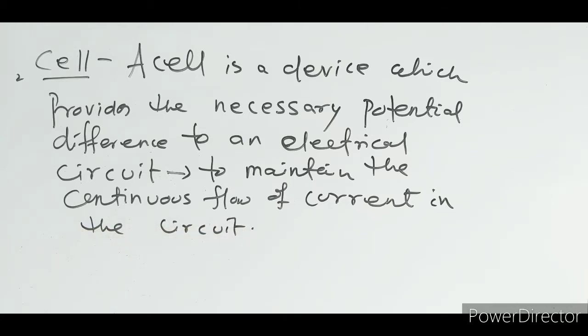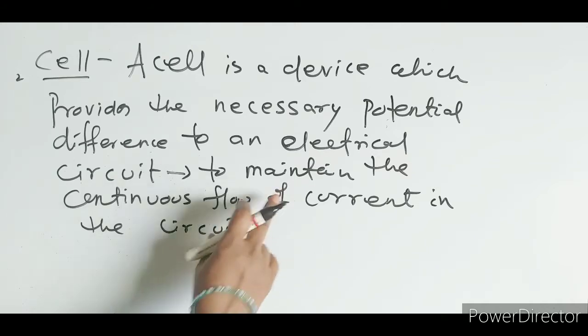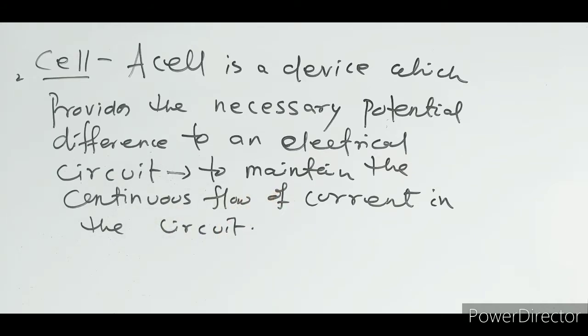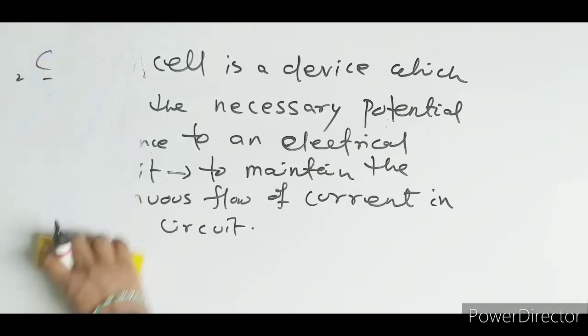Clear? Another way we can say it: it maintains the constant potential difference. This cell maintains the constant potential difference. Clear? Now let us draw the diagram of a cell.